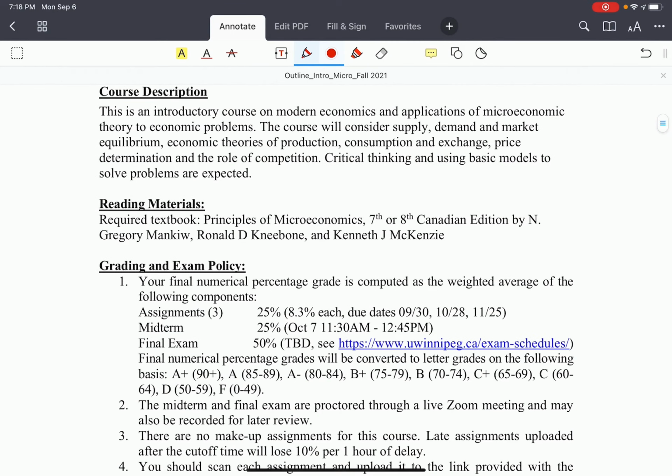And since this is your first economics class, we won't rely on a lot of mathematical formulas. The main methodology will be some basic economic thinking, and we will use a lot of pictures to help you understand this class.